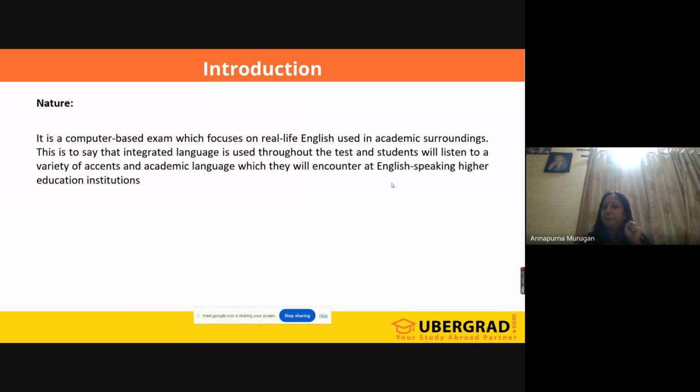It is not very practical, except for speaking. In the IELTS examination it is more of an individual type, not very practical in nature.